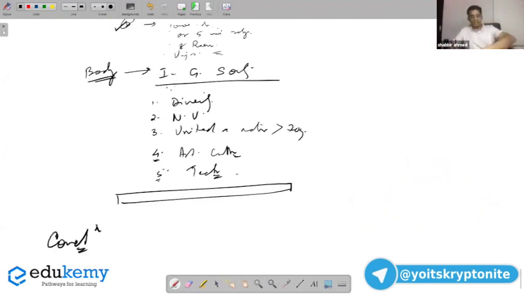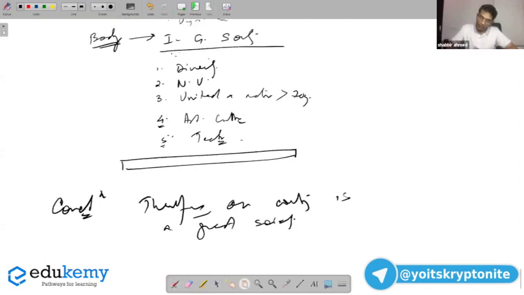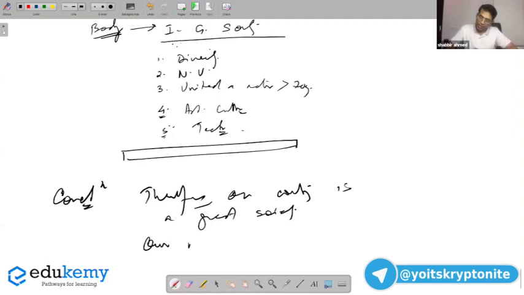Having said all this, in the conclusion: therefore, our country is a great society. Therefore, our nation is a unique society.